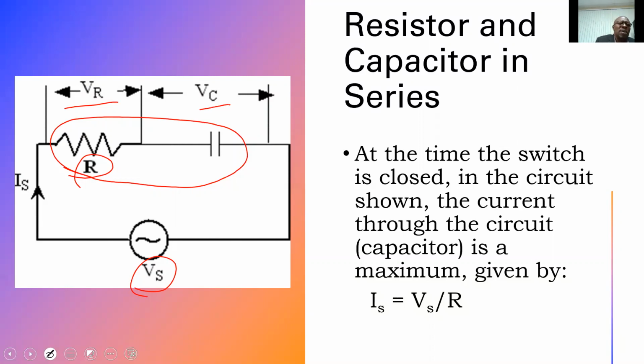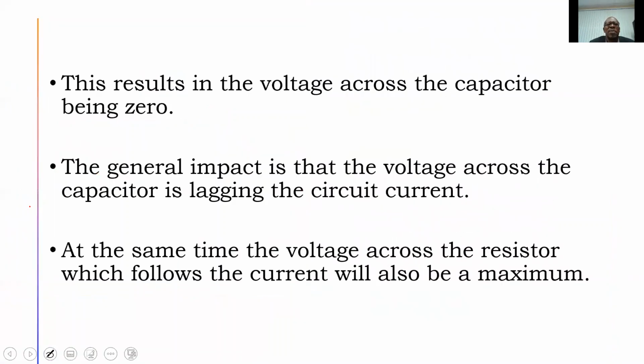Now, if the current through the circuit is a maximum, the voltage across the capacitor is a minimum. In effect, what we are saying is that the voltage across the capacitor is lagging the current through the capacitor. We see the current before we see the voltage.